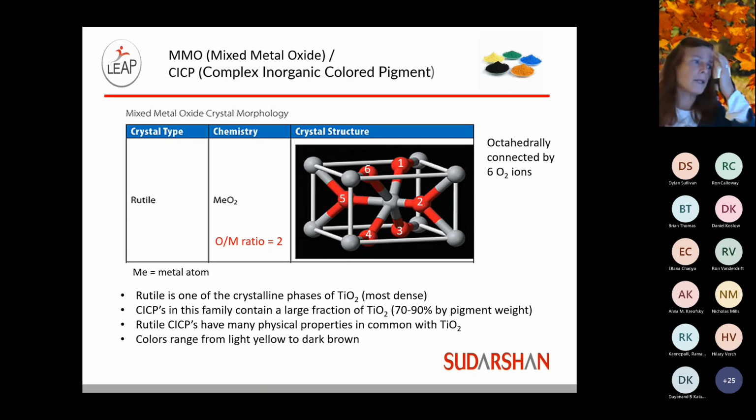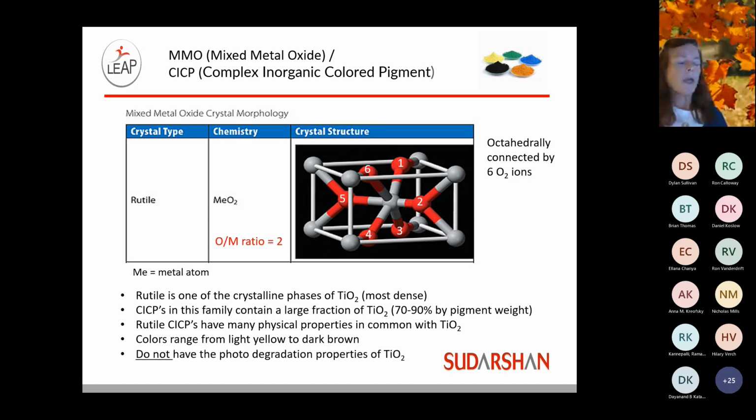And the colors in this class range from light yellow to dark brown. However, they do not possess the same photodegradation properties that TiO2 does. So that's one positive part of the rutile CICPs versus a straight TiO2.